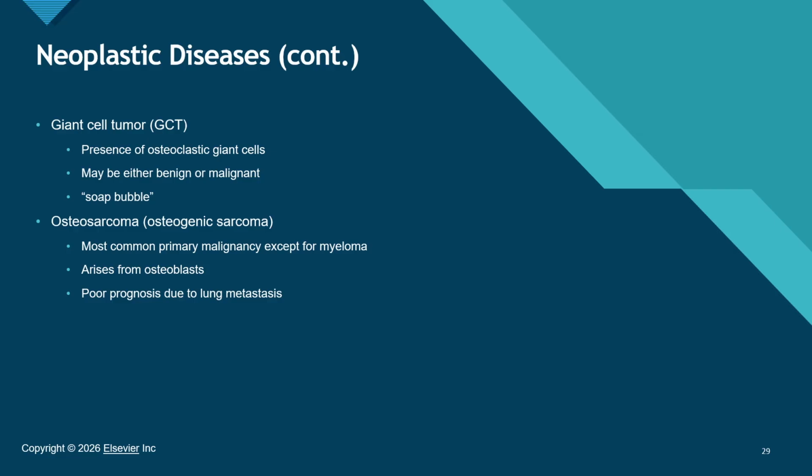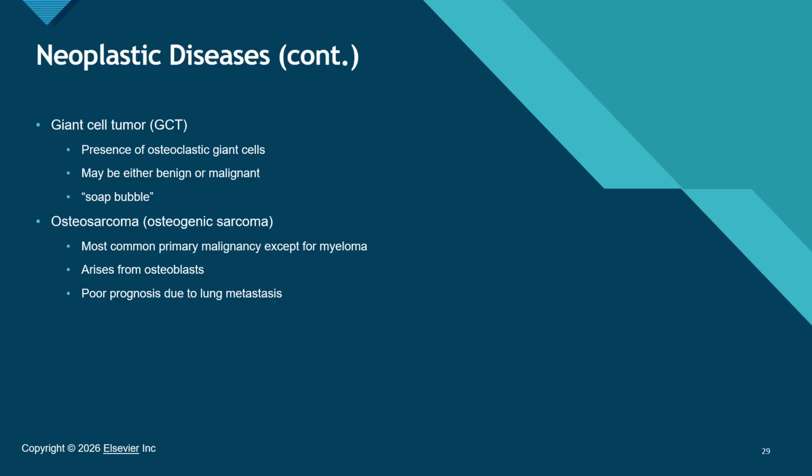The genetic instability allows for the development of sarcomas, so the radiographic appearance of an osteosarcoma is a sunburst or sun ray appearance due to the tumor growing from the metaphysis and lifting the periosteum from the cortical bone and laying down spicules of new bone.